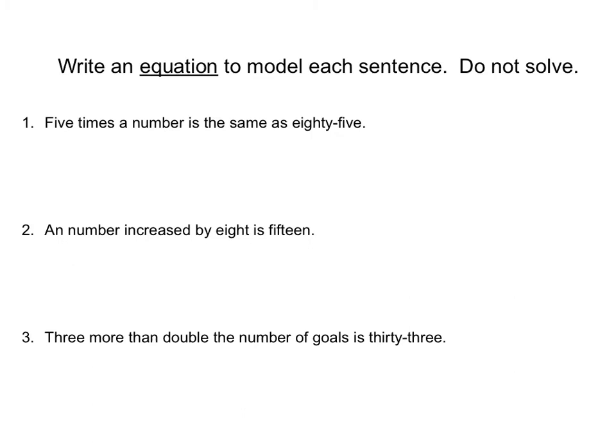And in this question, it would be the word is that tells us that we have an equation. So 5 times a number equals 85. Let's write the equation for that. 5 times the number, 5x, is, so equals, 85. That's something we can solve easily, but we're just going to focus on writing the equations.